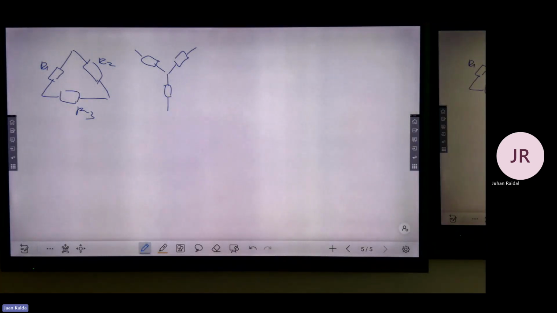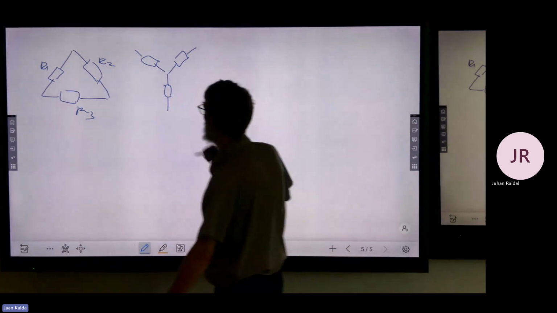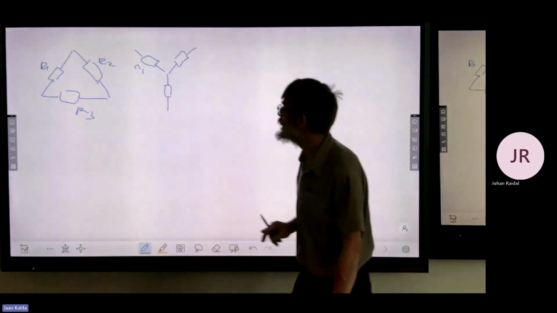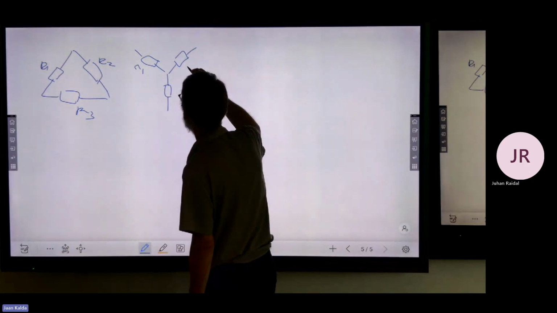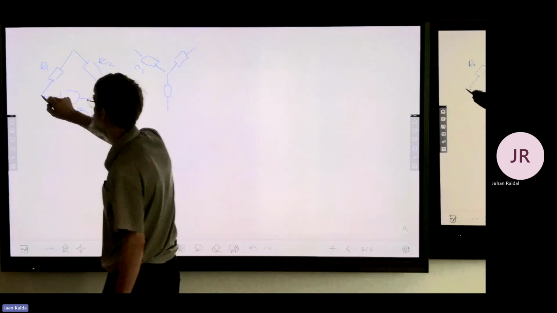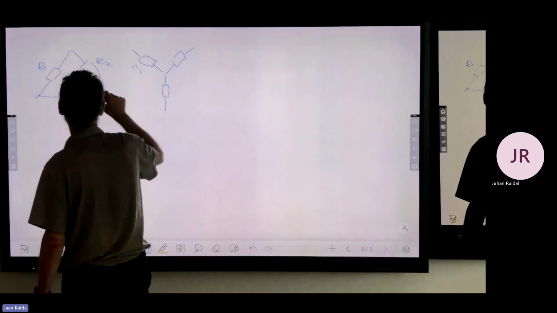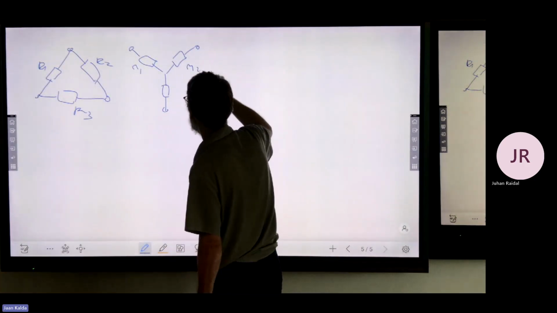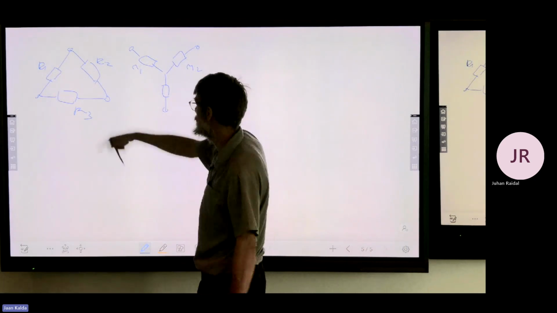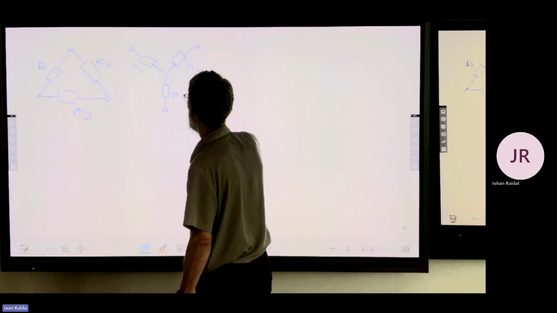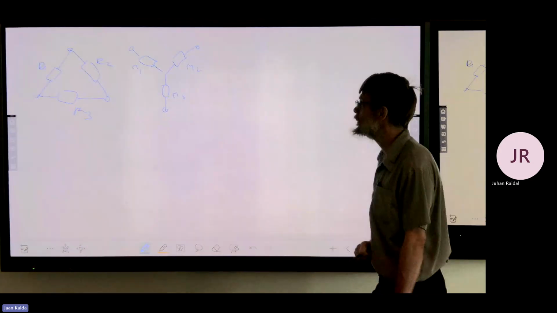And the equivalence states that if you have an arbitrary delta, then there exists a Y that has exactly the same properties in terms of those three terminals, through three output leads. So you can always find a Y that has exactly the same properties, and more specifically we can even write relationships between them.